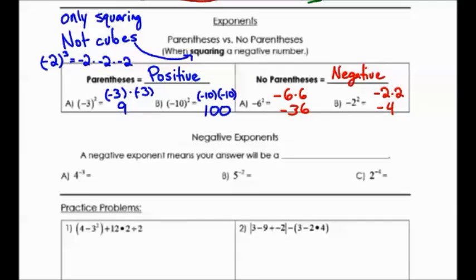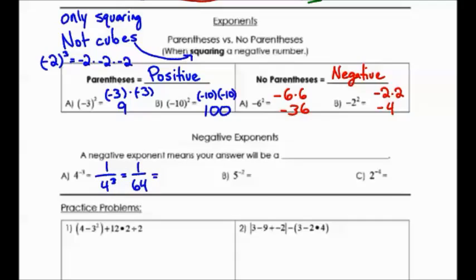We also need to talk about negative exponents. And a negative exponent basically just changes a number into a fraction form of that number. If we want to change that into a positive exponent, let's look at this first example, 4 to the negative third. If we change that into a positive exponent, that changes into a fraction 1 over 4 to the third, which is 1 over 64, because 4 times 4 times 4 is just 64.